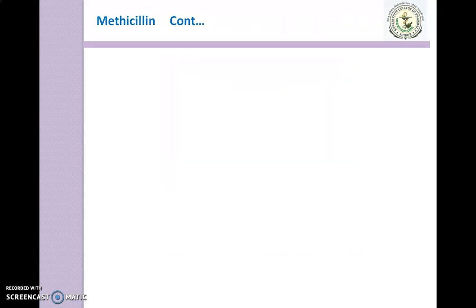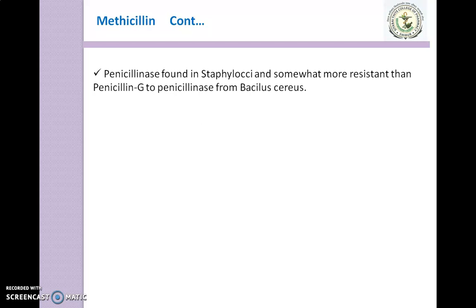So what is penicillinase? Penicillinases are found in staphylococci, and are responsible for the degradation or inactivation of beta-lactam.